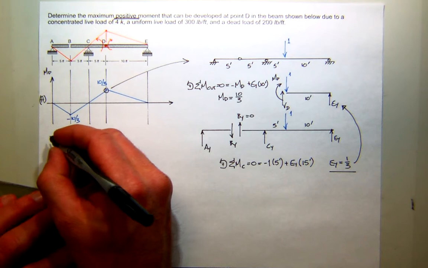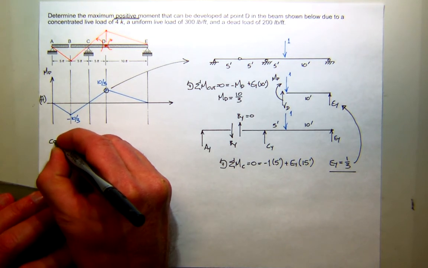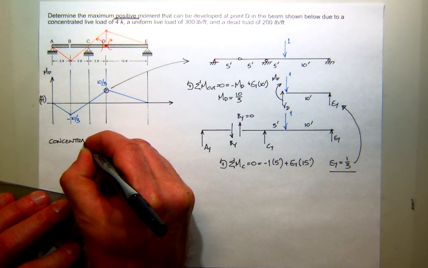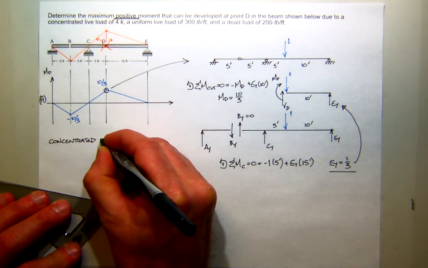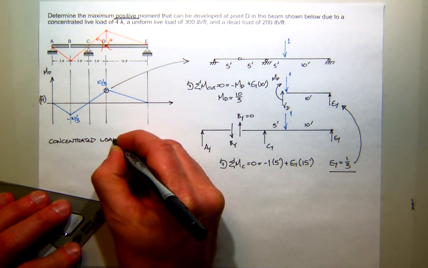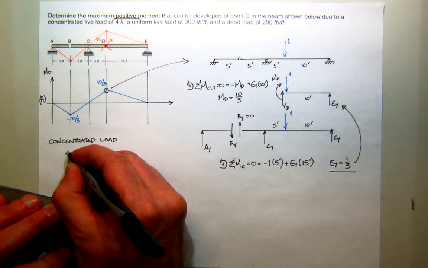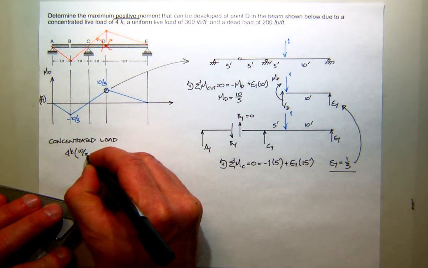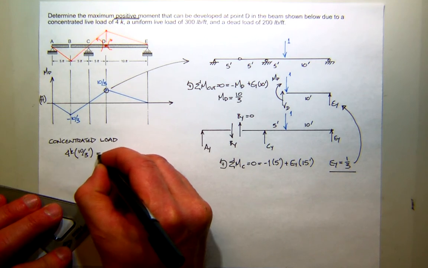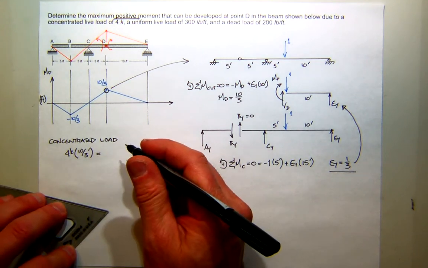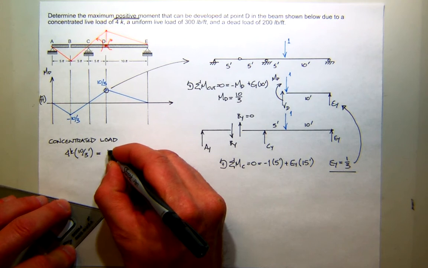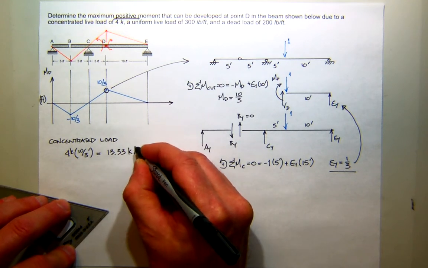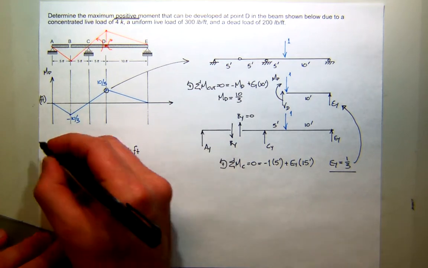Right, so if I just look at the concentrated load, then its contribution to the moment is going to be 4 kips times 10/3 feet, which is 40/3, which is what, 13.333? And that will be kip feet. So that's the moment for that part.